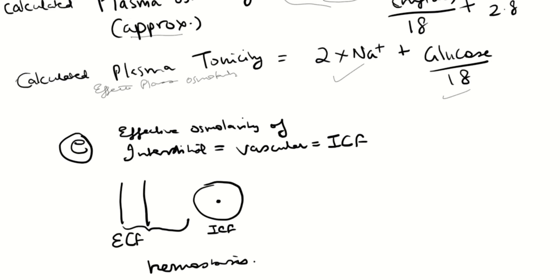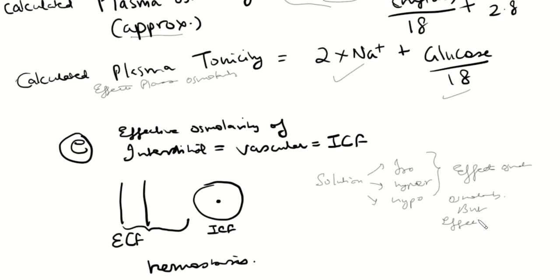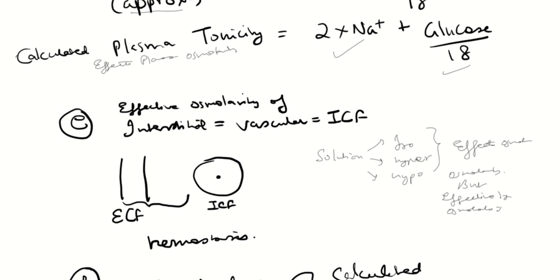We've covered this already, but now I know that whatever my solution is, I have to divide it into isotonic, hypertonic, and hypotonic. And that will tell me what the effective osmolarity is. Because now I know I can have an osmolarity of a solution, but it may have things which are not effective. And what I need is effectively how much this osmolarity is. You guys with me on this? Okay.